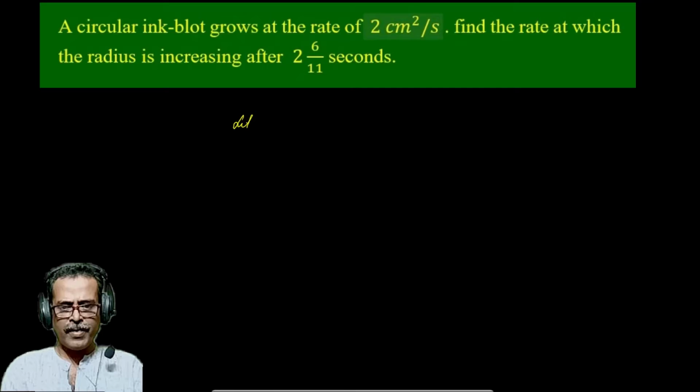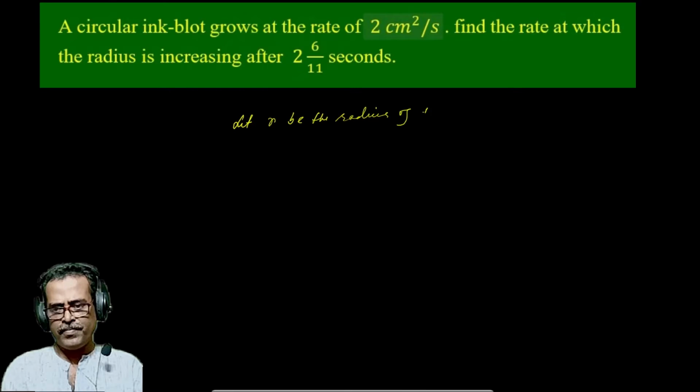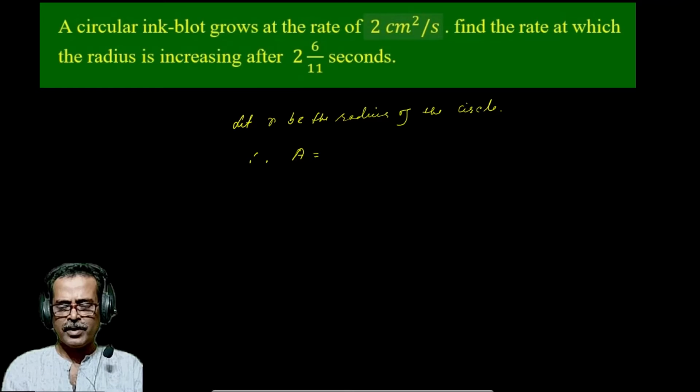Let R be the radius of the circle. Therefore, A is equal to pi r square. dA/dt is equal to 2 pi r dr/dt. Find the rate at which the radius is increasing after the 200th second.